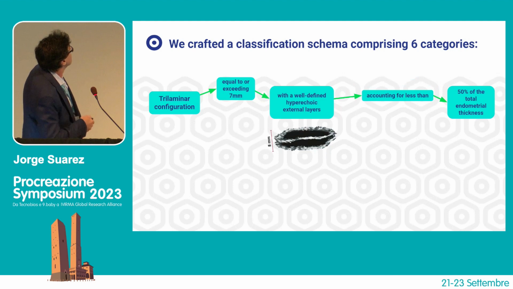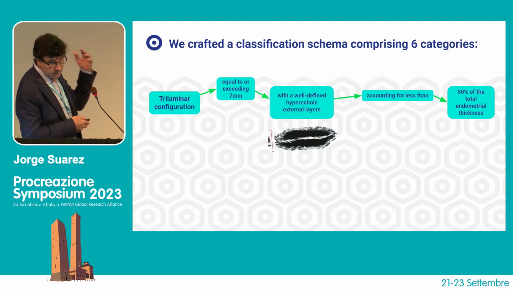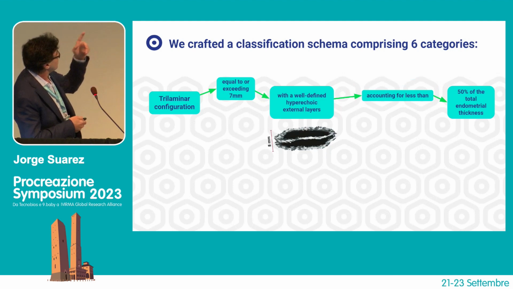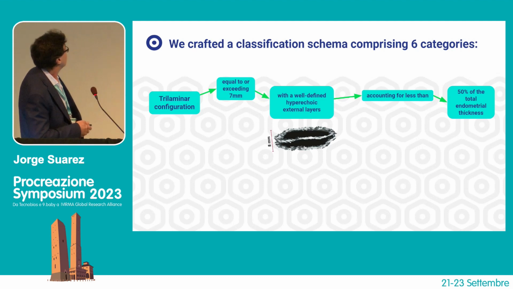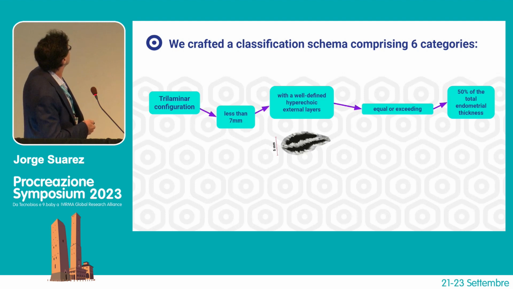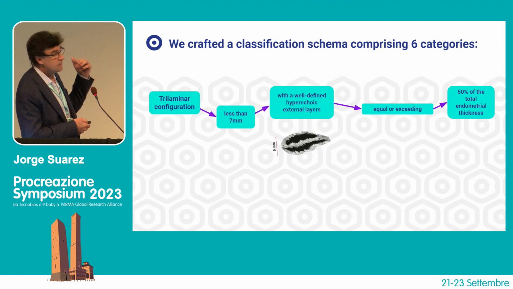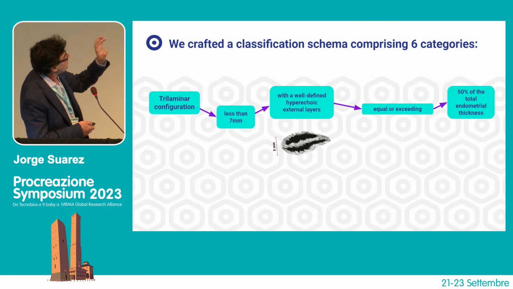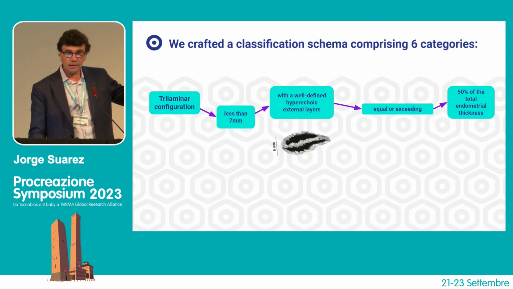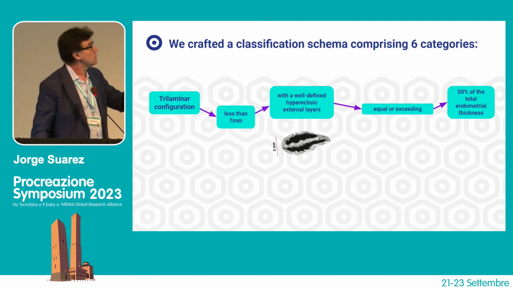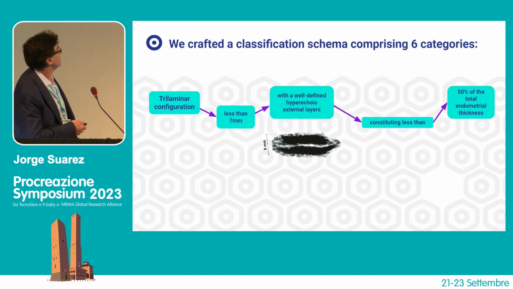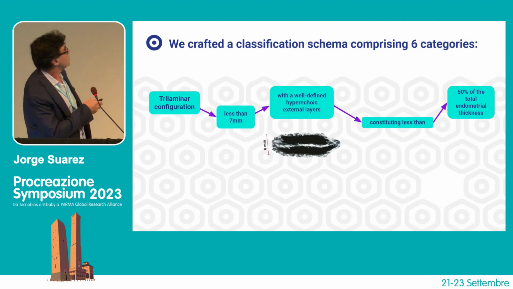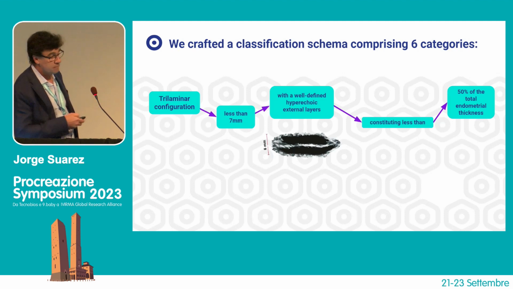The second is the same pattern, but with external layers accounting for less than 50%. The third is less than 7 millimeters, where we agree that the external layers are greater than or equal to 50% of the total endometrial thickness. The fourth is less than 7 millimeters and constituting less than 50%.